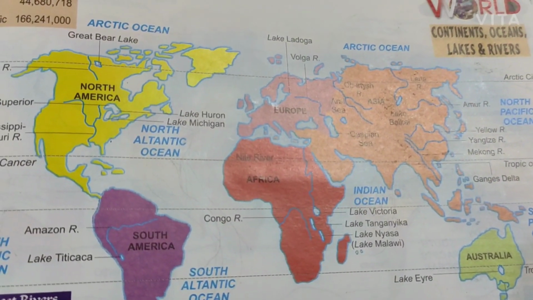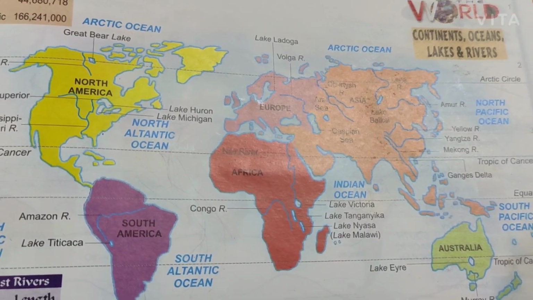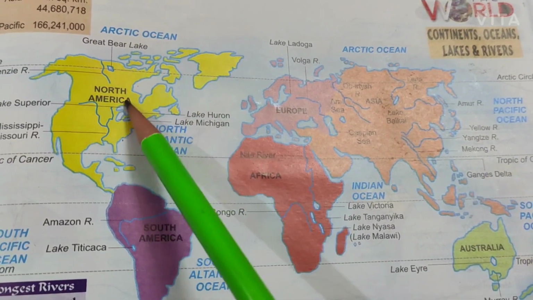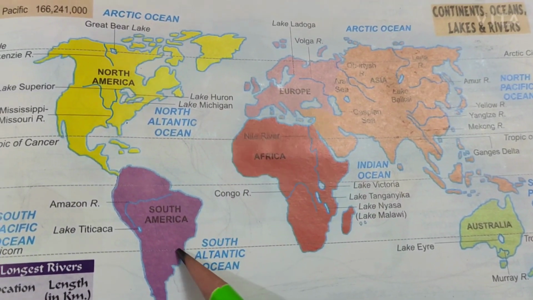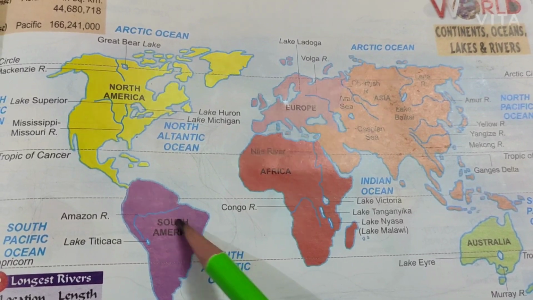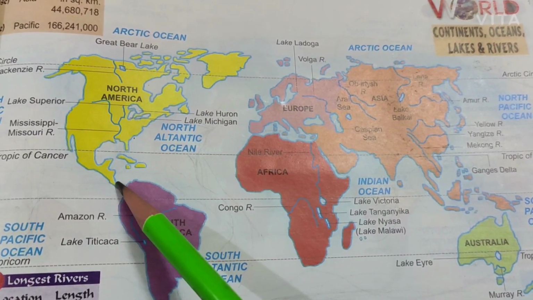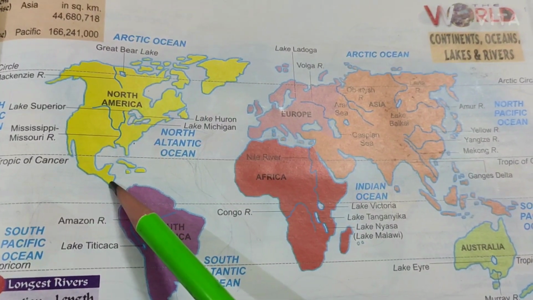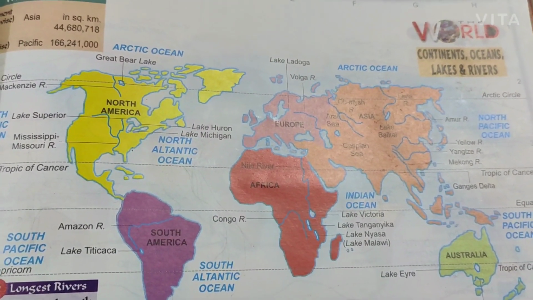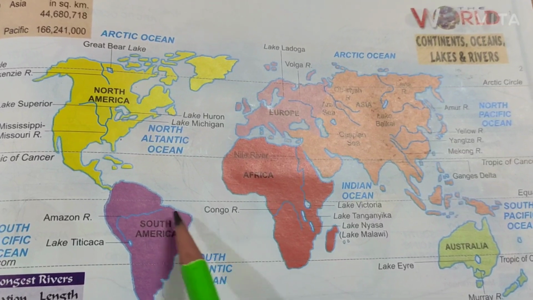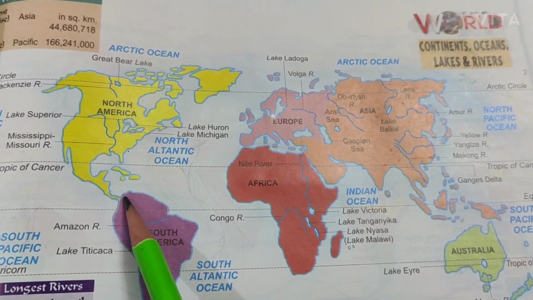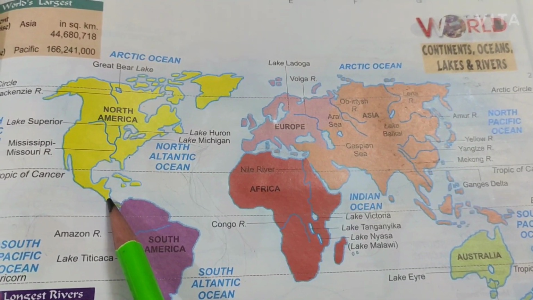In this video we are going to explain about the other continents. You can see North America and South America. These are connected by a small narrow strip that is called the Isthmus of Panama.